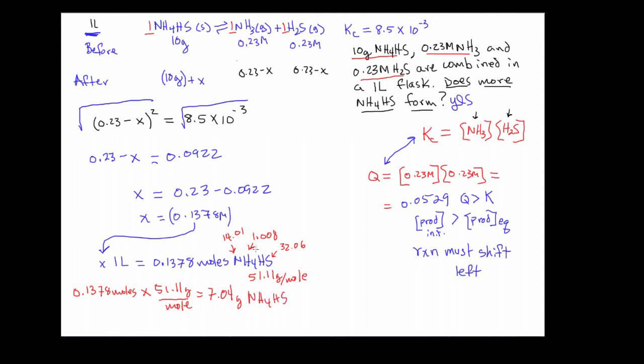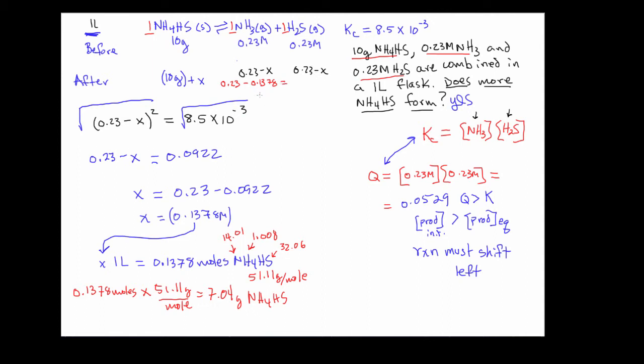All right, now let's go to the next part. I want to know the equilibrium concentrations, the final concentrations, of the NH3 and the H2S. So coming up here, we're going to take the 0.23 and subtract 0.1378.